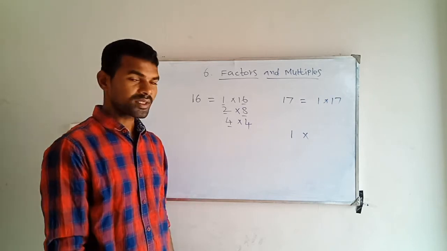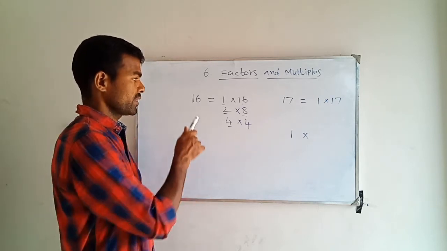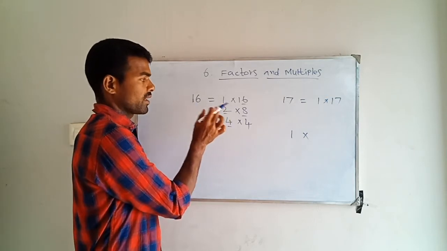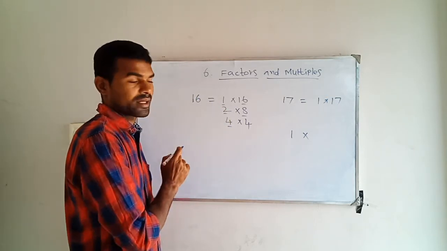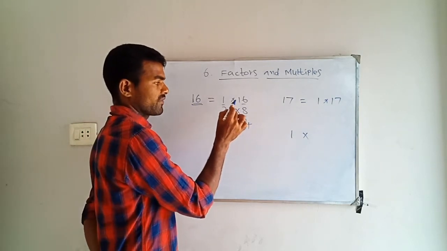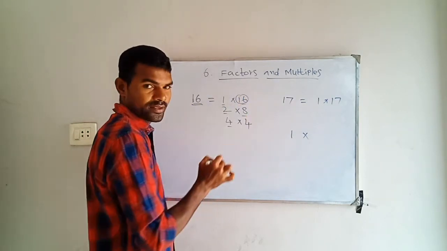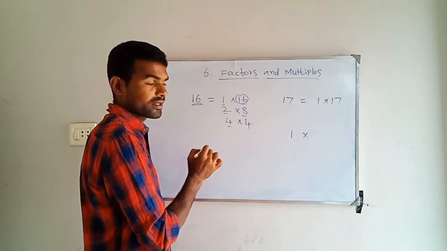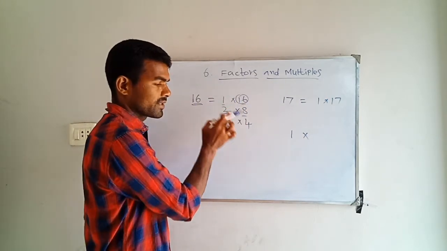Now you can see all the factors are equal to or less than the number. The number 16 has 16 as a factor and all the remaining factors are smaller.